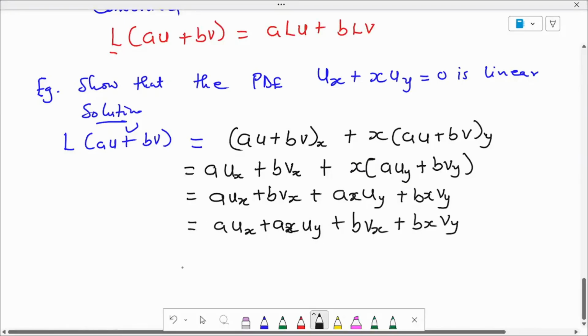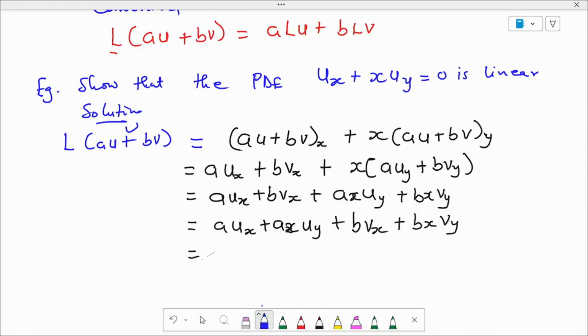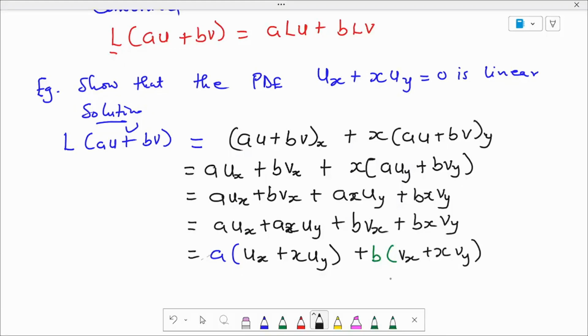In this case, we can factorize a out, and I have u_x plus x u_y, plus, then I factorize b out, I have v_x plus x v_y.